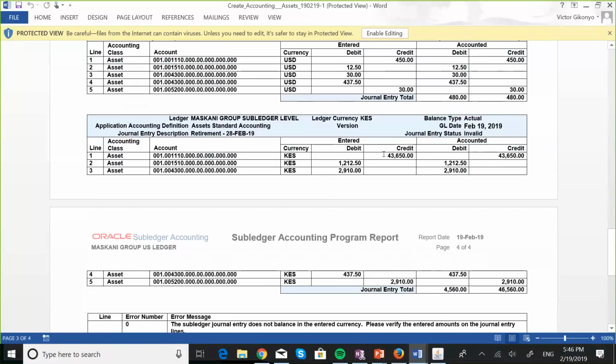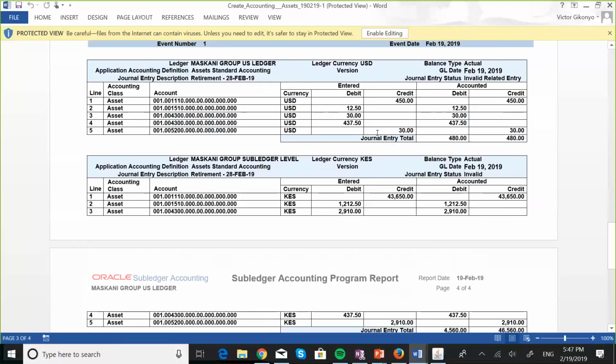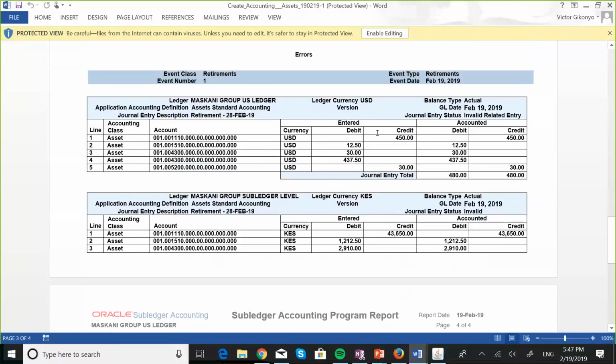Because you have this 43,650, and then here you have 437. So that's why we didn't have accounting entries sent to GL because of this error. On the primary ledger, though, the entries were created. Okay, so we're going to try and work with what we see here for the retirement.